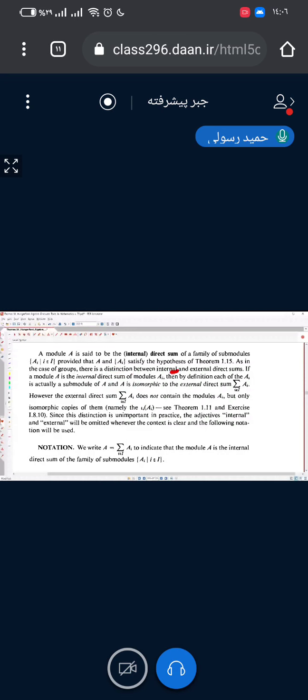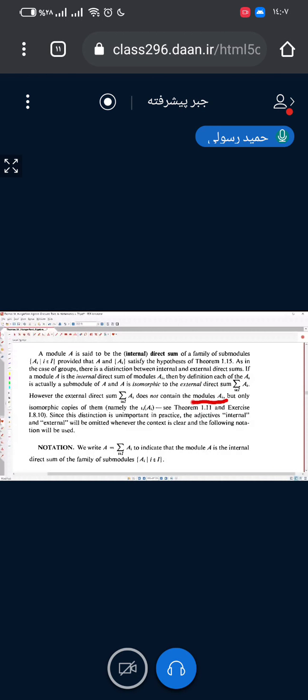If a module A is the internal direct sum of modules A_i, then by definition each of the A_i is actually a submodule of A, and A is isomorphic to the external direct sum sigma of A_i. However, the external direct sum does not contain the modules A_i, but only isomorphic copies of them.